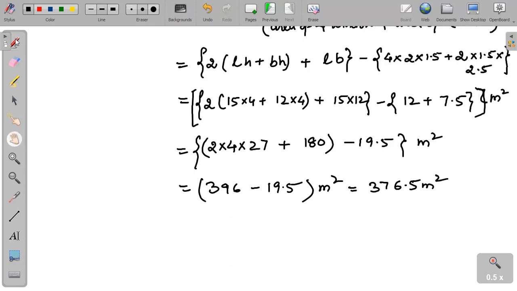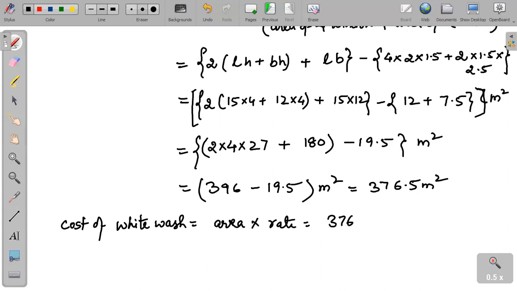Cost of whitewashing is area into rate, that is 376.5 into 5, that is equal to rupees 1882.50.